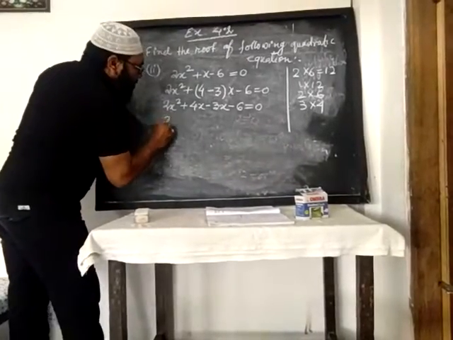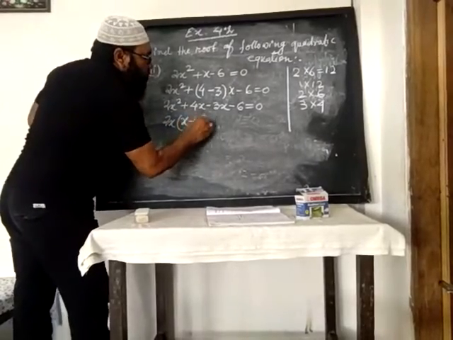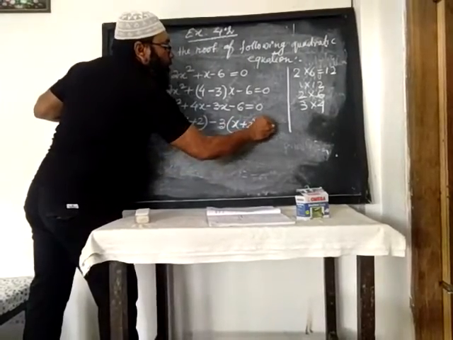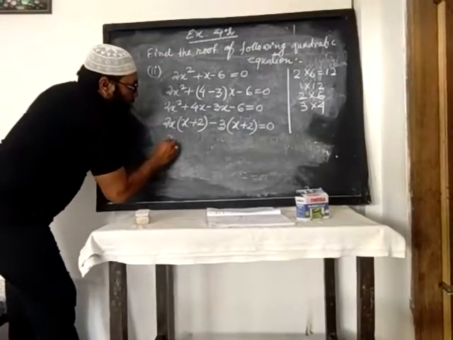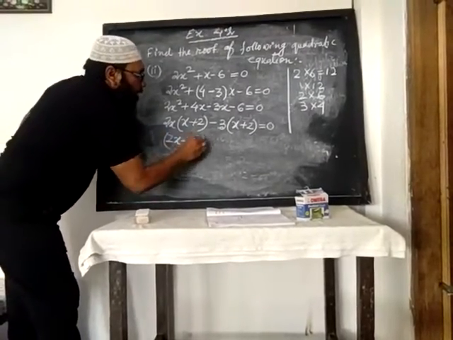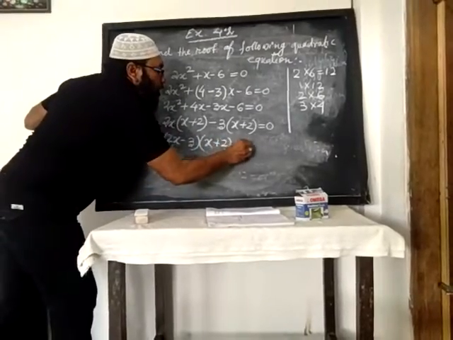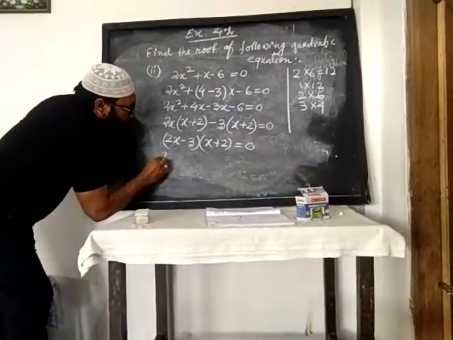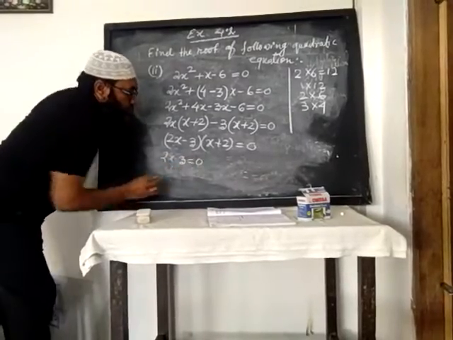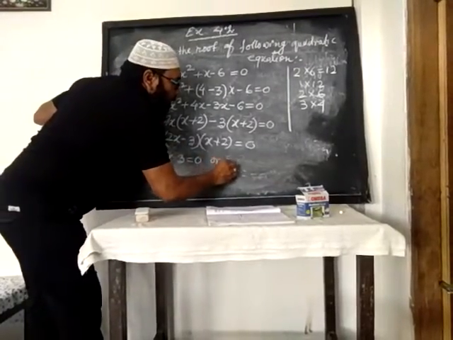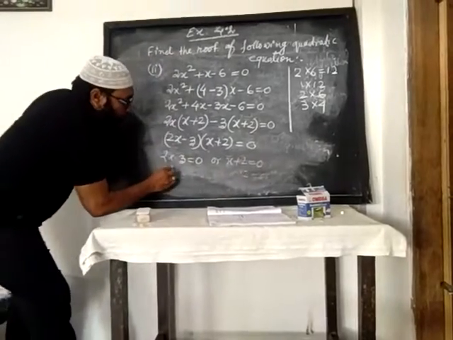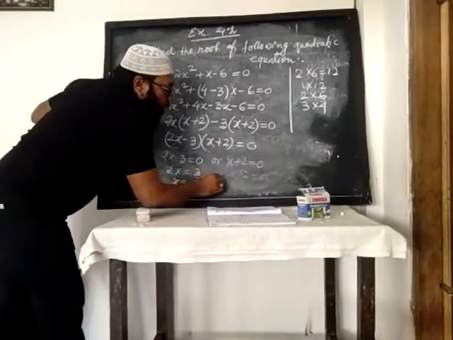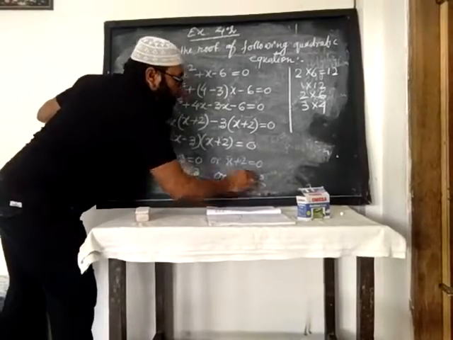2x common: 2x times x plus 2, minus 3 common times x plus 2 equals 0. So 2x minus 3 times x plus 2 equals 0. 2x minus 3 equals 0 or x plus 2 equals 0. 2x equals 3, x equals 3 by 2 or x equals minus 2.